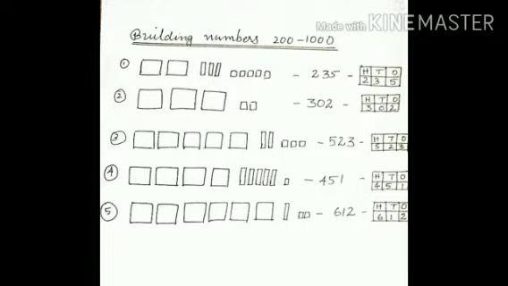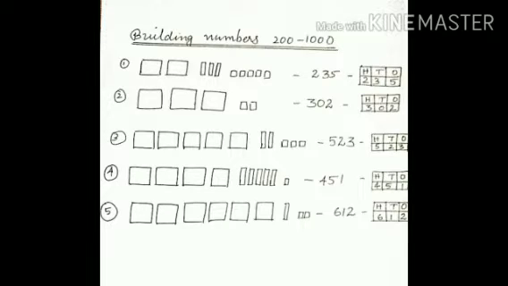And how will we represent it on a place value chart? We will draw a box like that and write HTO. We fill the boxes: the hundreds place number is 2, the tens place number is 3, and the ones place number is 5. And how will we read the number? All of you read it.